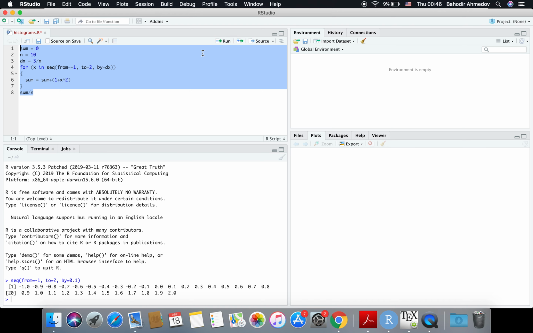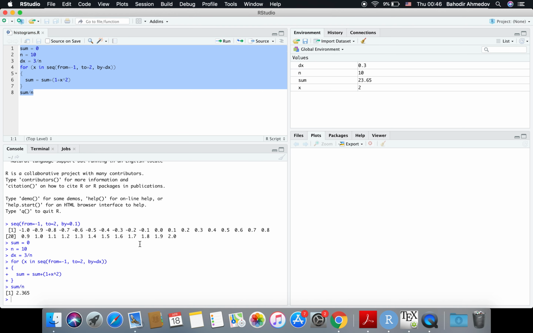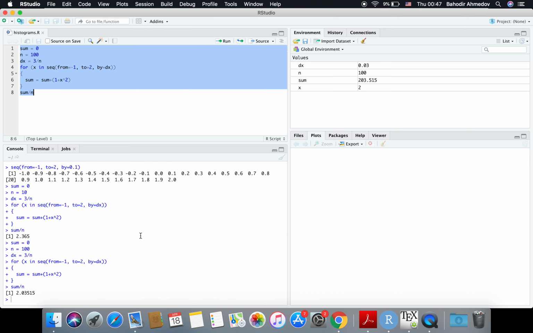So let us run this code. I've got 2.365, which is far away from 2, right? We just calculated using the integral that the average of the function is equal to 2. Now let me increase n by 10 times, so it's going to be 100, and run the code. Now it is much better, right? Much closer to 2.